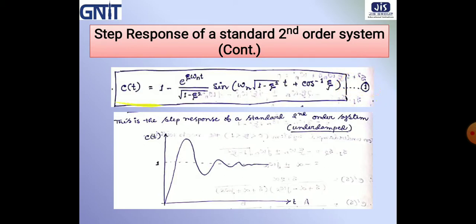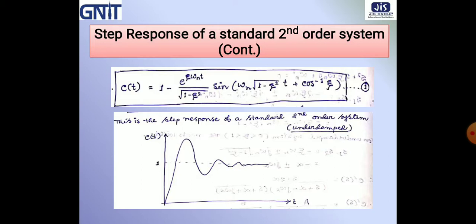This is a very important equation, known as the step response of a standard second order underdamped system, where C(t) is equal to 1 minus e to the power minus zeta omega n t divided by root under 1 minus zeta square, sine of omega n root under of 1 minus zeta square into t plus cos inverse zeta. So this is our equation number 1.